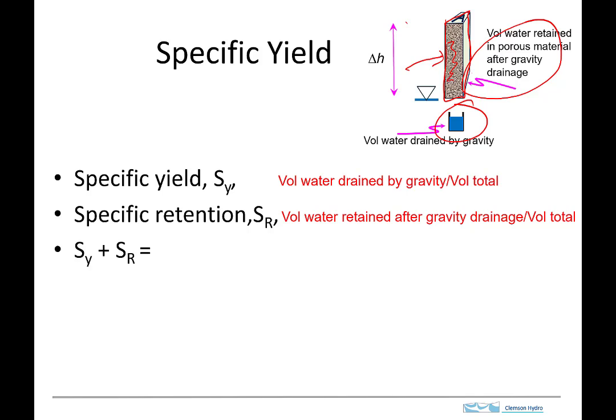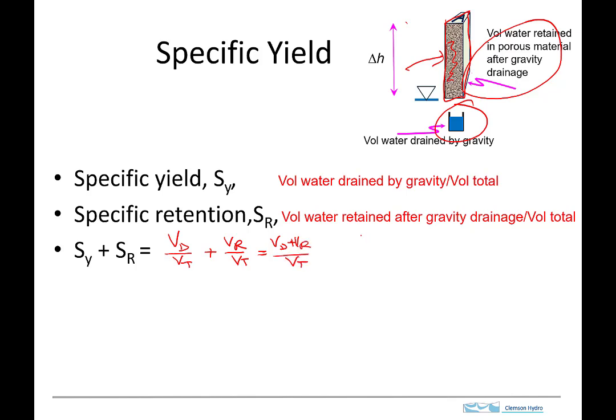Now, if we add those two together, the specific yield and the specific retention, here's what we're doing. We have the volume of water that is drained over the total volume, that's the specific yield, plus the volume of water that's retained over the total volume. That's going to equal the volume drained plus the volume retained over total volume.